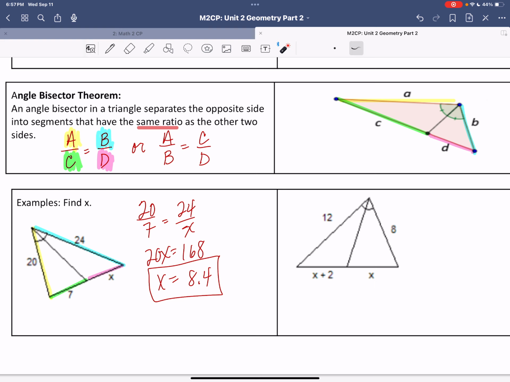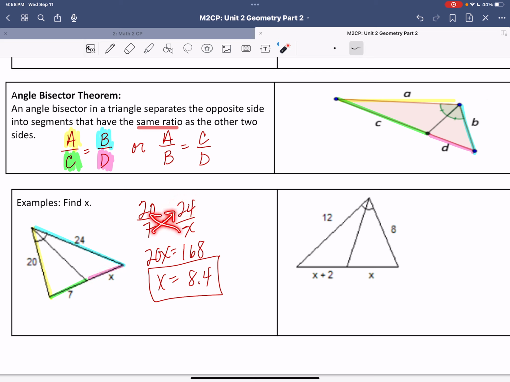Here's your bisector, and you know that because these angles are congruent to each other. So you're going to go 20 over 7, because that's one side of the triangle, equal to 24 over x.